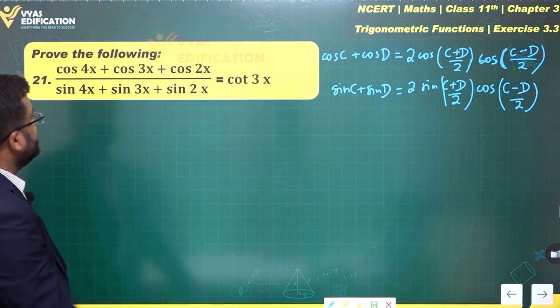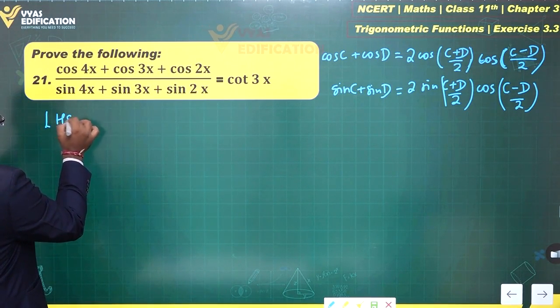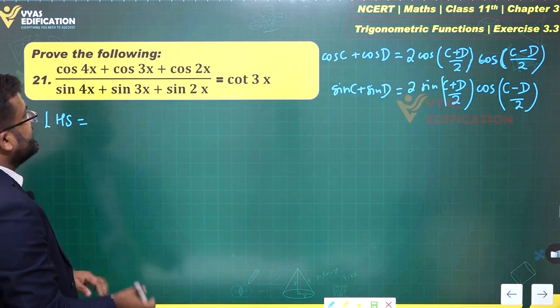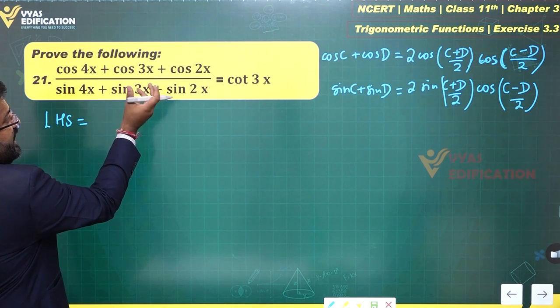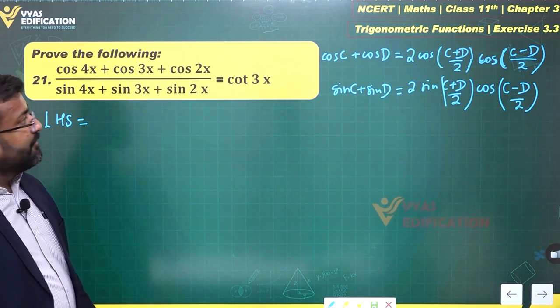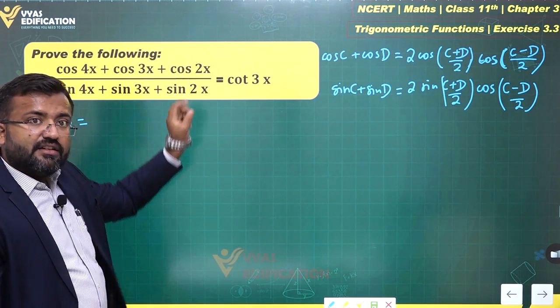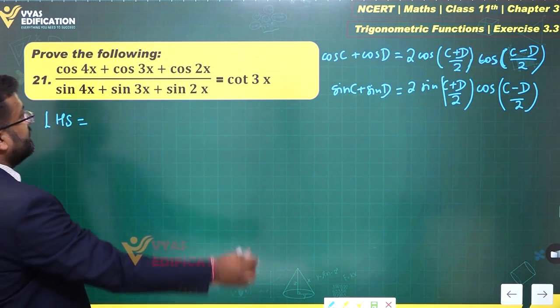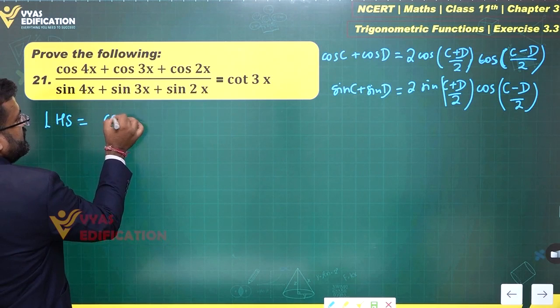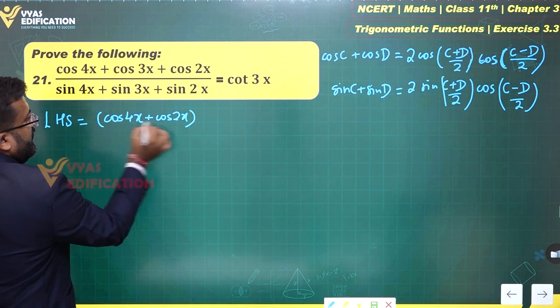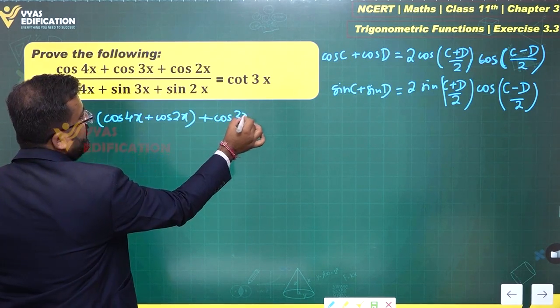Once we are okay with this, let's begin with the LHS. What does the LHS say? Can we club together any two particular angles? Let's take the two extremes and club them together. That's the easiest step, right? What you have is cos 4x plus cos 2x, and a cos 3x.